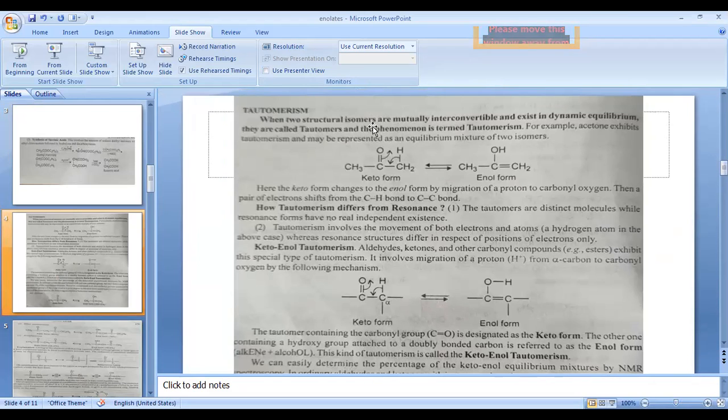When two structural isomers are mutually interconvertible and exist in dynamic equilibrium, they are called tautomers. These are the two forms, two structural isomers. They are mutually interconvertible.